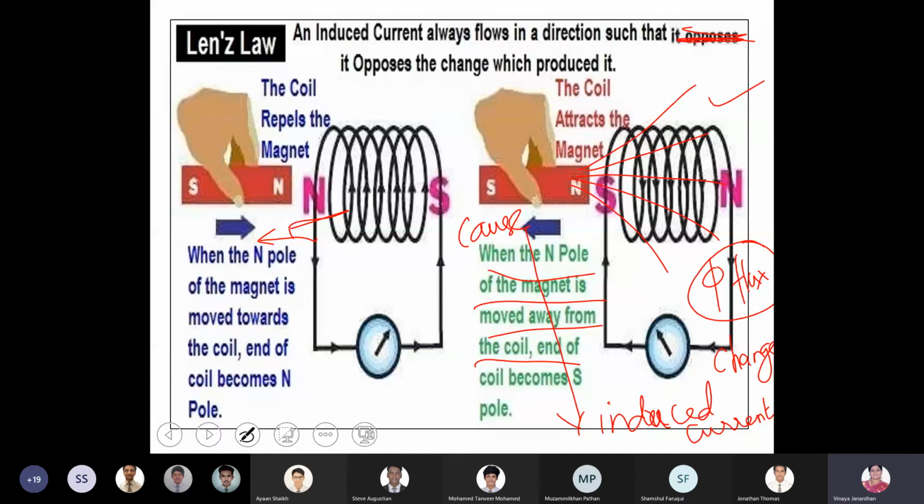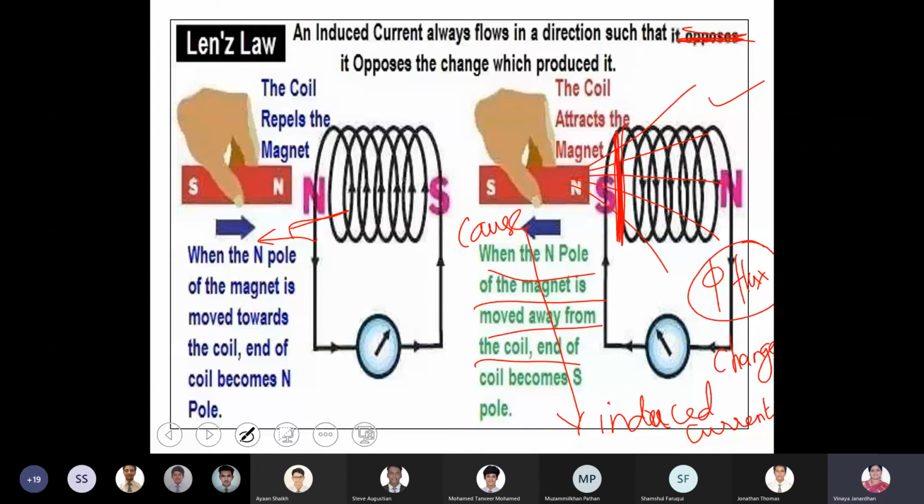So the current doesn't want the north pole to move away, so it flows in the coil in such a way that the end of the coil which is facing the north pole becomes a south pole. A current carrying coil will produce a magnetic field. If the current flows in clockwise direction, then that part of the coil which is facing us will behave like a south pole.